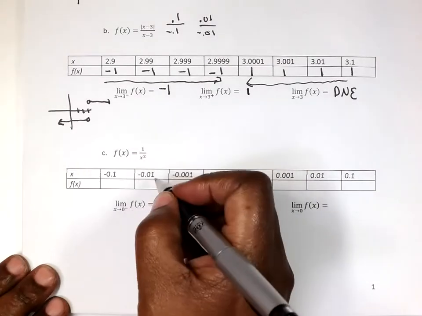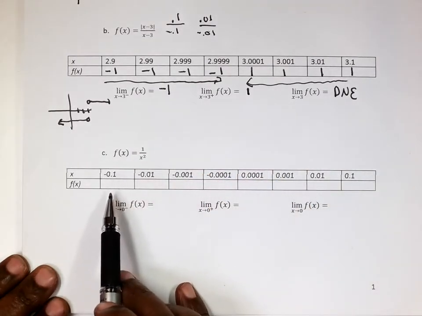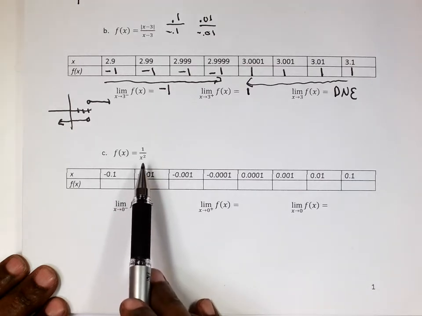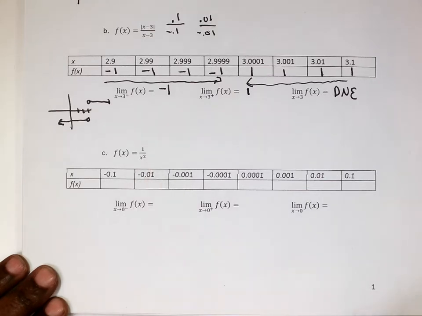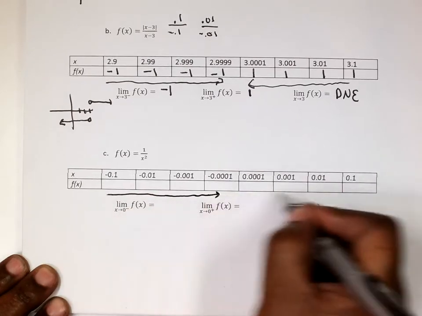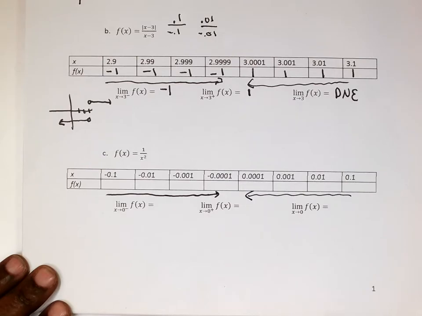Part C, I have 1 over x squared, and I want to evaluate that. And I'm looking at the limit this time as it approaches 0, which makes sense, right? Because 0 is not in this domain, so I want to know what's happening around 0. So I'm going to do approaching from the left and approaching from the right and see what happens with those.